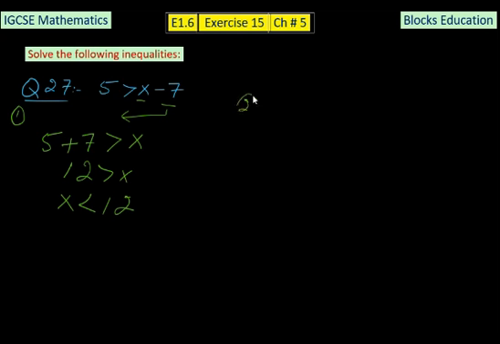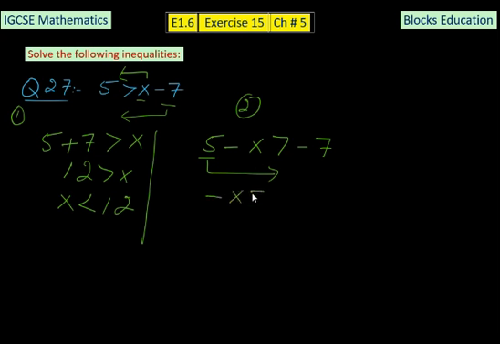Or another method you could use: move this x onto the left side. 5 is already there, and by moving x to the left side it will be minus x, greater than minus 7. Now move that 5 onto the right side, because we have to make x alone.